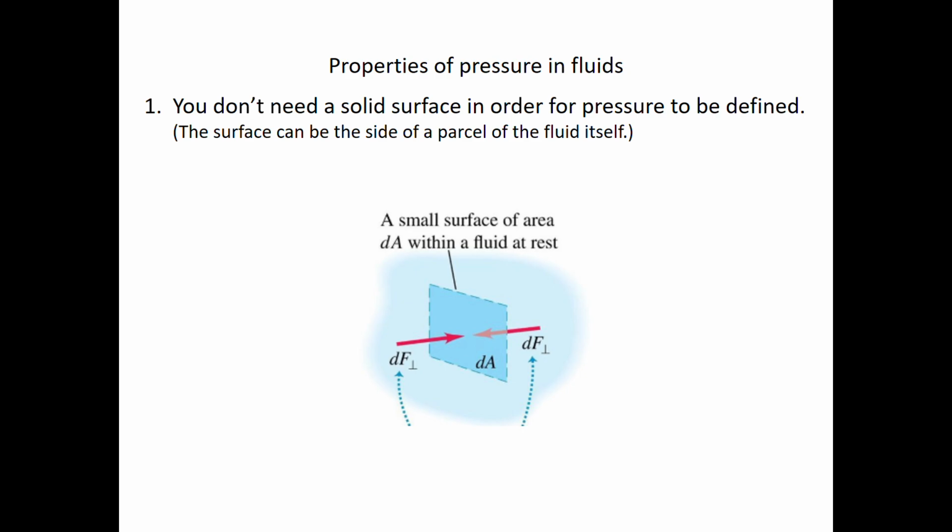And we can think of it as, in my mind, imagining a cube of fluid sitting here and an adjacent cube of fluid right next to each other. They're each bouncing off of each other, and those molecules bouncing off of each other are what generate the pressure down there. So there's pressure even in the middle of the fluid. We don't need a solid surface like the outside of the cylinder for it to be defined.